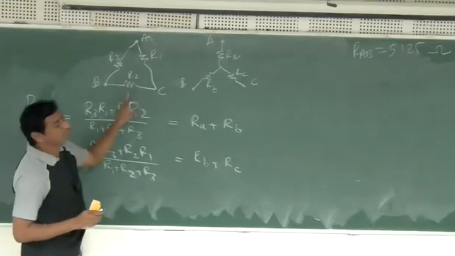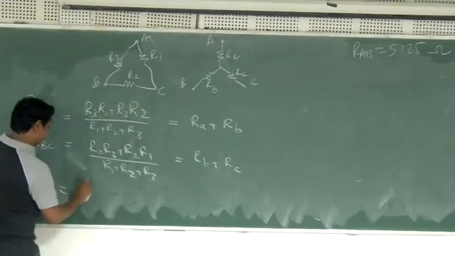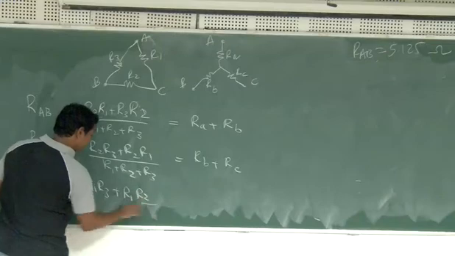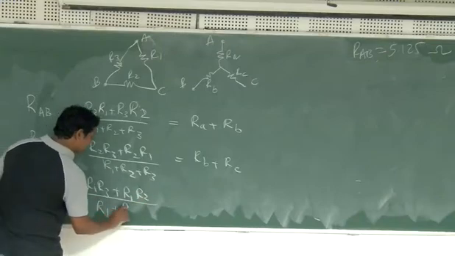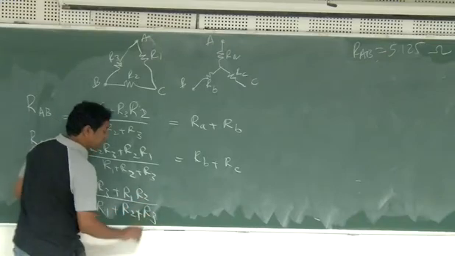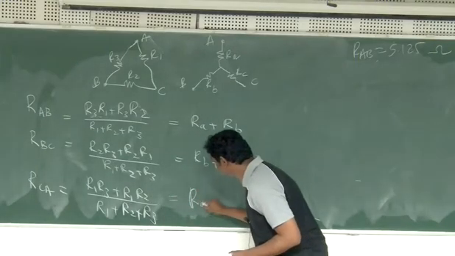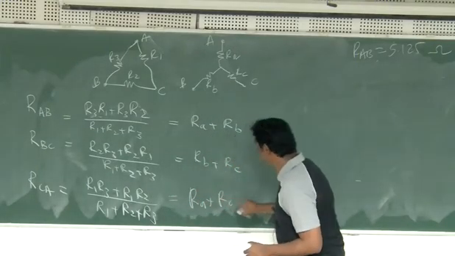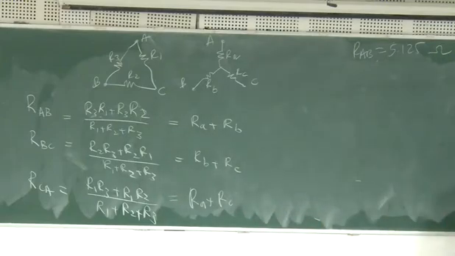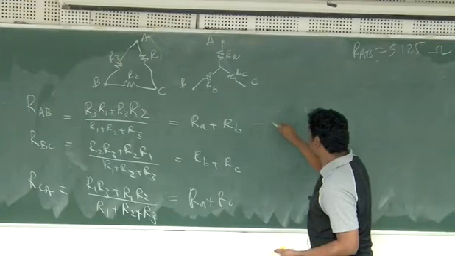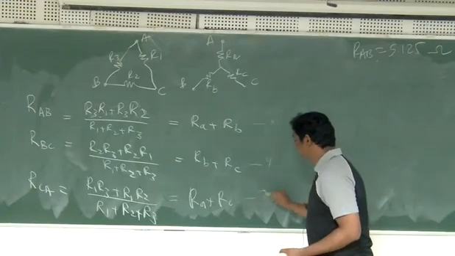R1 R3, R1 R2, and then the sum of all. It is not very difficult, just the same thing you already know. So what is this one? RA plus RC. So let's mark the equations: equation X, equation Y, and equation Z.